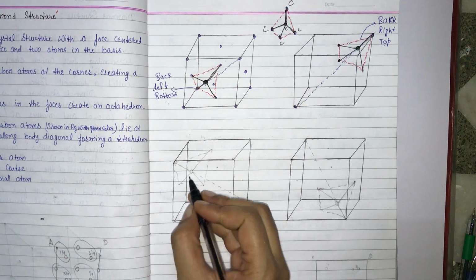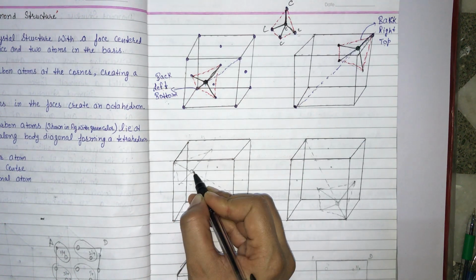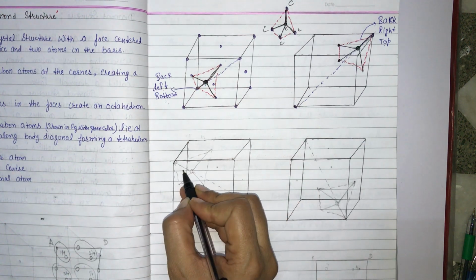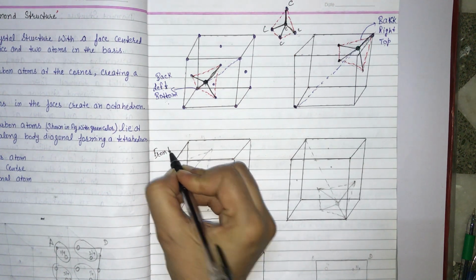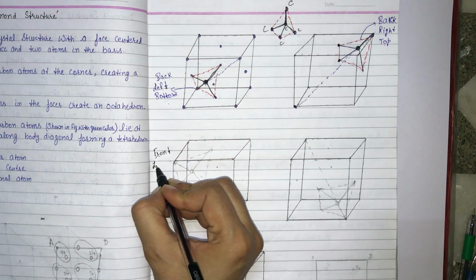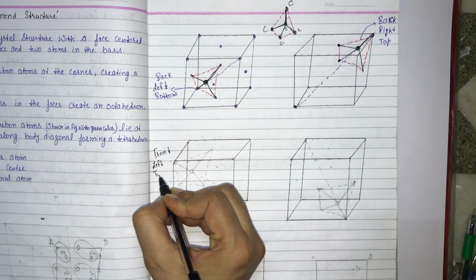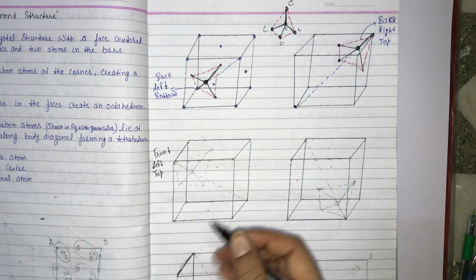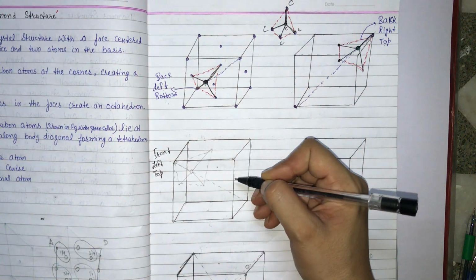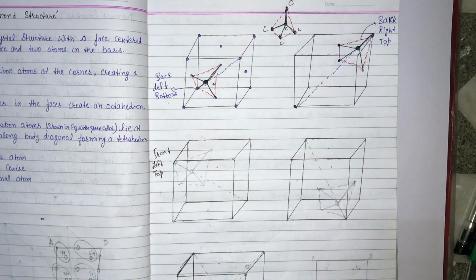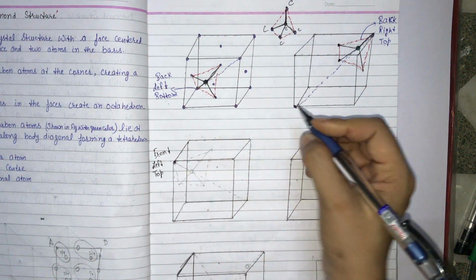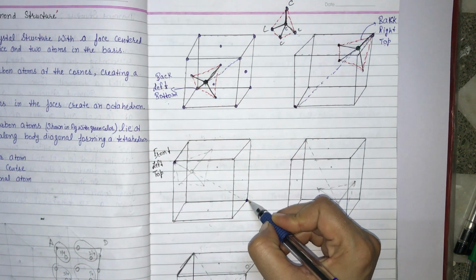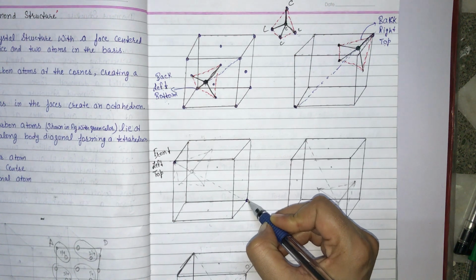So let's discuss the carbon atom position along front face's body diagonal. So for front, this is left and the top point. Clear? So if I mark the body diagonal, then body diagonal will be this front, left and top joined with the back, right and bottom.